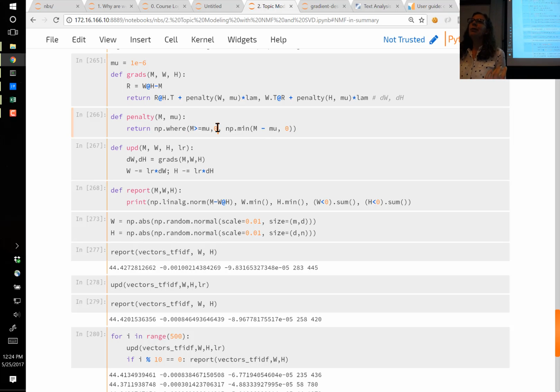So if W is greater than or equal to this tiny number close to 0, we go with the first value, 0, there's no penalty. However, if W is less than mu, the penalty is going to be larger the further away that W is from mu.